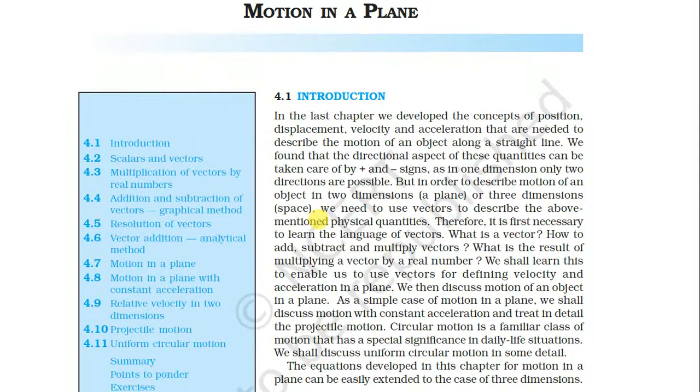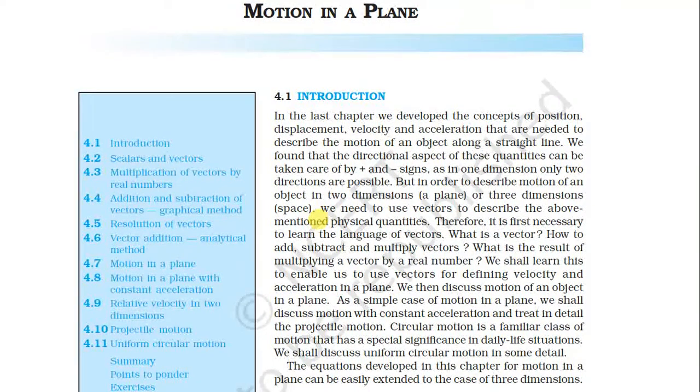First of all we need to understand what a vector is. Whenever we are discussing a straight line, there are only two signs, plus and minus.